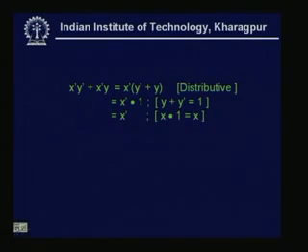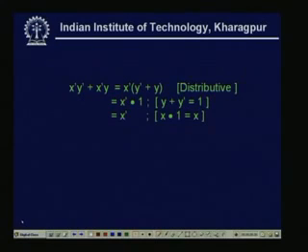See, the function is, say, f equal to x dash y dash plus x dash y. So, this is my function f. Now, if I take x dash common, this is y dash plus y.